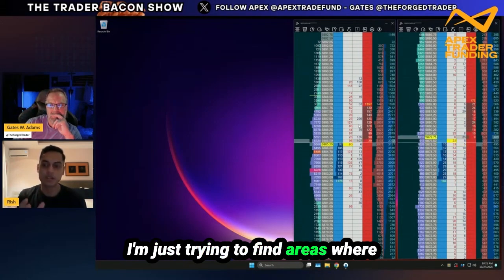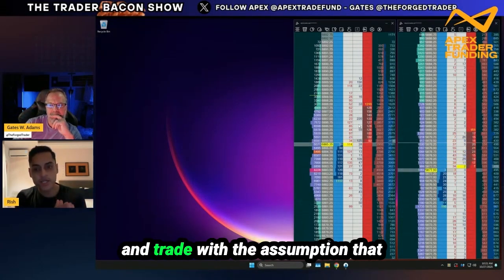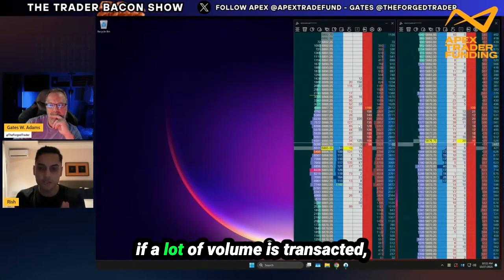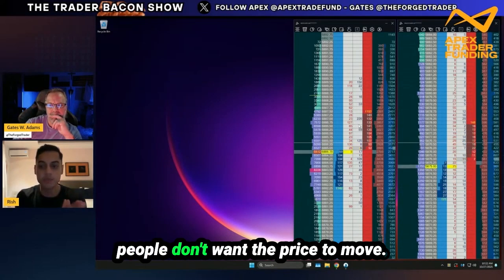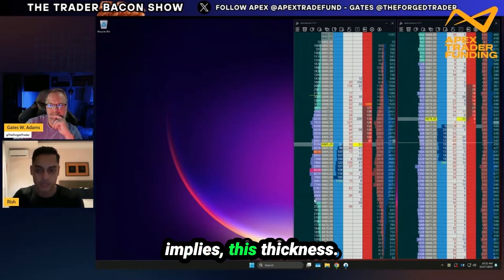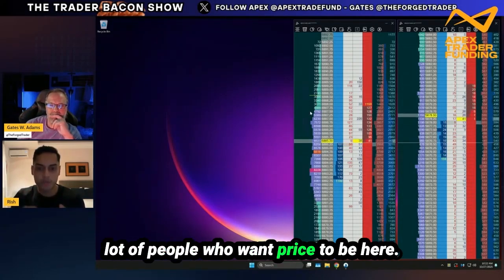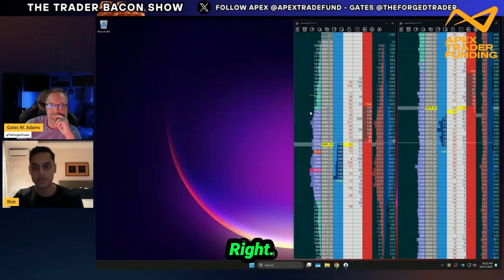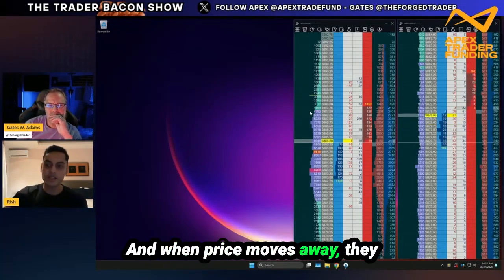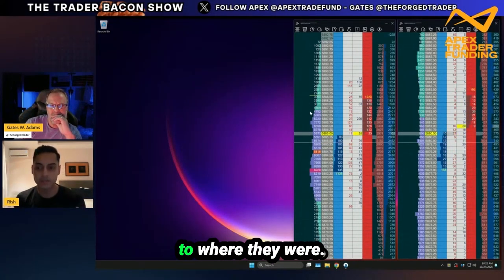I'm just trying to find areas where there was a lot of volume transacted and trade with the assumption that if a lot of volume is transacted, people don't want the price to move. This thickness implies that there are a lot of people who want price to be here. And when price moves away, they have an incentive to sell or buy so that price comes back to where they were.